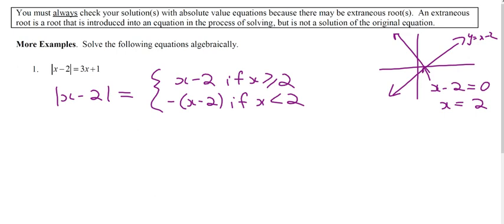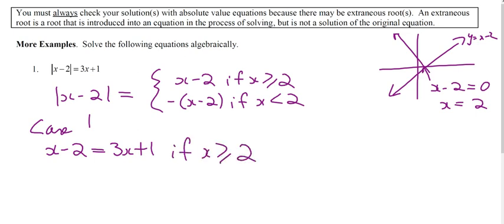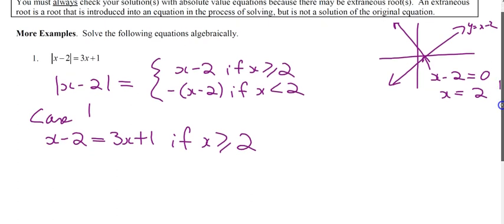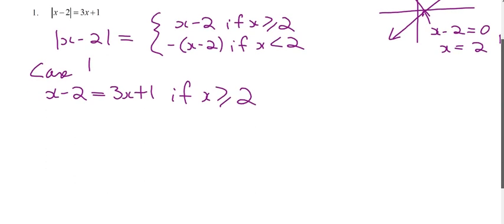Okay, so we're going to go with case 1. Case 1: x minus 2 is equal to 3x plus 1 if x is greater than or equal to 2. Okay, go ahead, solve. Solve for x. This can be solved for x, right? There is an answer.